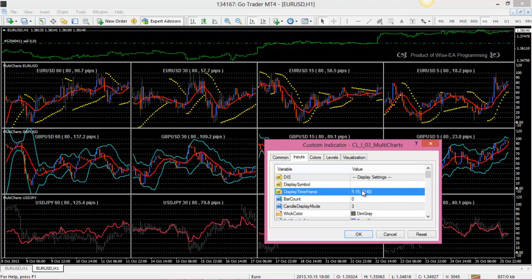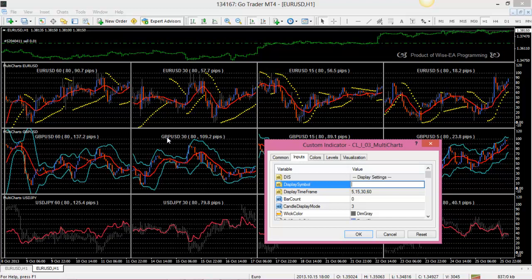For the display settings, the first is display symbol, where you input whatever symbol you want. If you leave this blank, that means you're going to display the current chart symbol. I'm attaching this to EURUSD, so by default it is EURUSD if this is left blank.